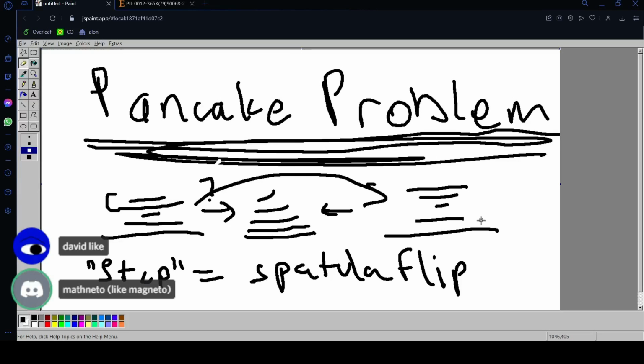No, shouldn't it be... Well, I flipped it so this long line stays in the middle, right? Oh, did you flip the top two? Oh, the top two. Yeah, I was tricking you.